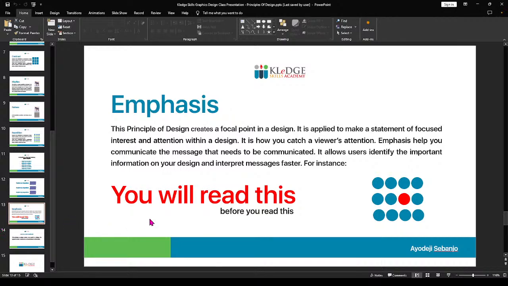The focal point of a design. It is applied to make a statement of focus. Emphasis is applied to make a statement of focus, interest, and attention within a design. That is what emphasis is about.